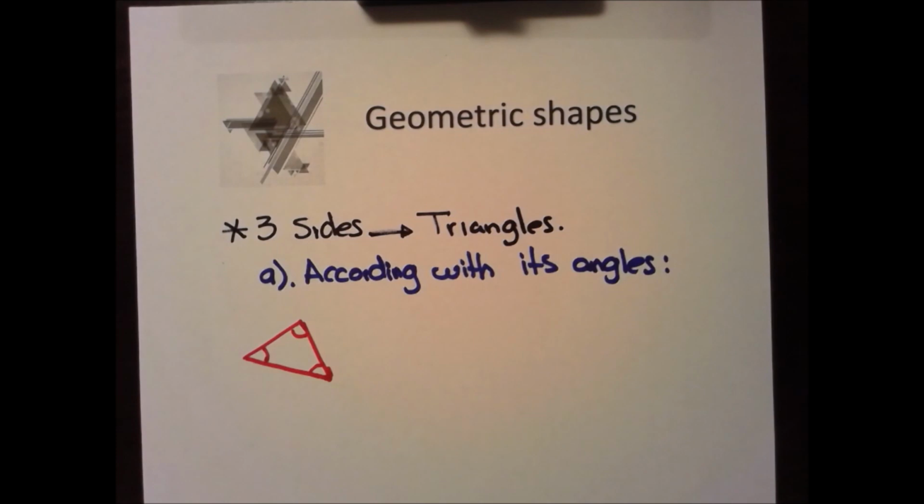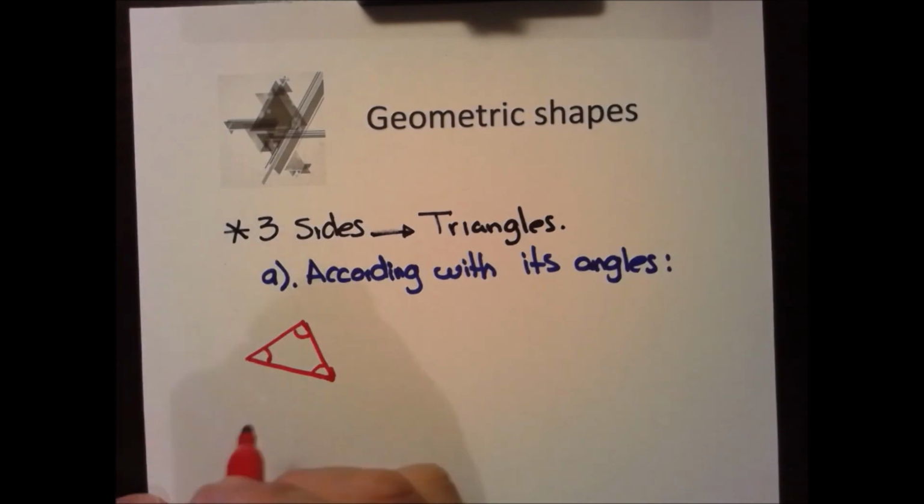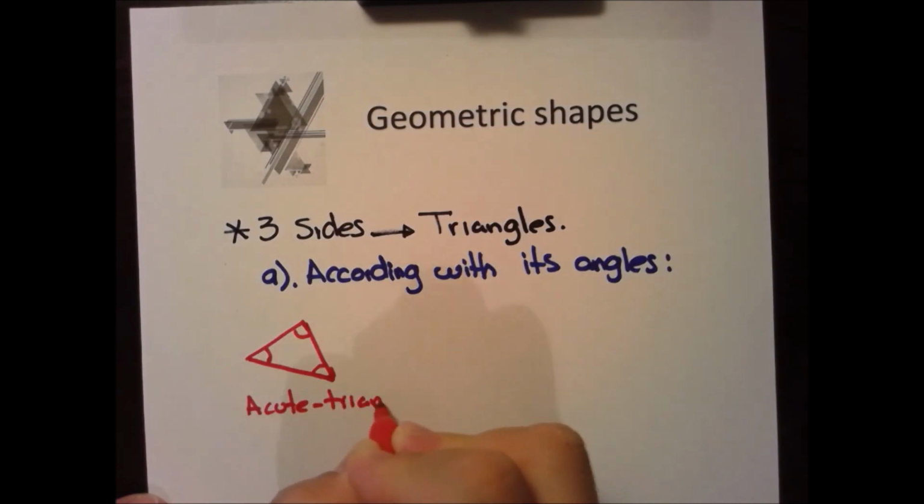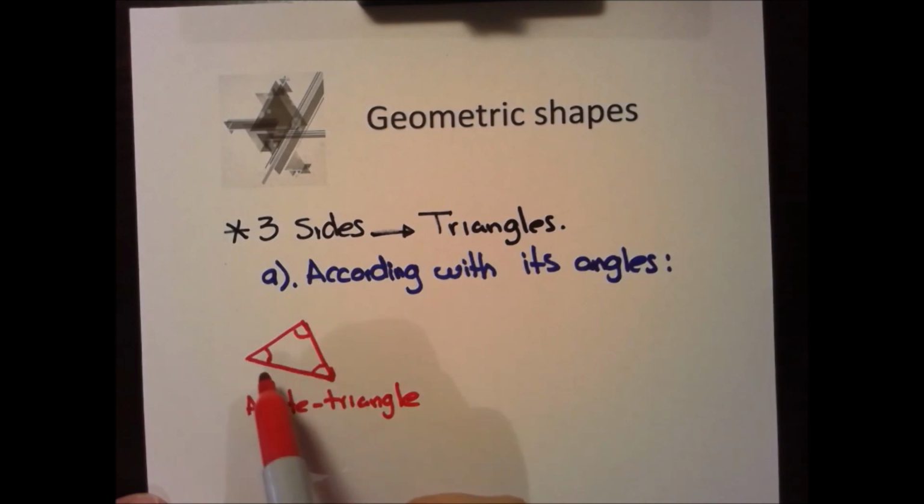Remember that the angle that is less than 90 degrees, between 0 and 90 degrees, is going to be called acute angle. So in that case, this is going to be called acute triangle.